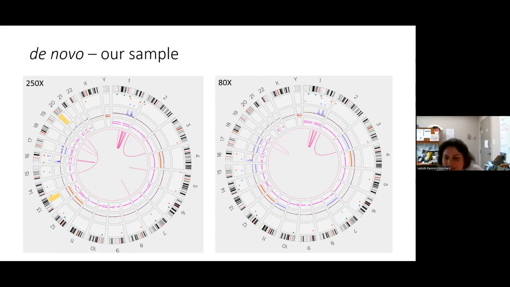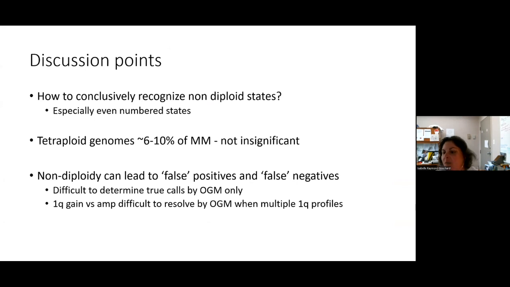So that's about it. It's just a slight hint, and hopefully I haven't confused people too much, but it's definitely the main thing that we're looking at now to try to see how to approach cases like this, because we don't want to have false positives and false negatives. So I think that just says what I just said, that that's an issue, how to conclusively recognize these non-diploid states, especially even number states that we won't see with de novo analysis.